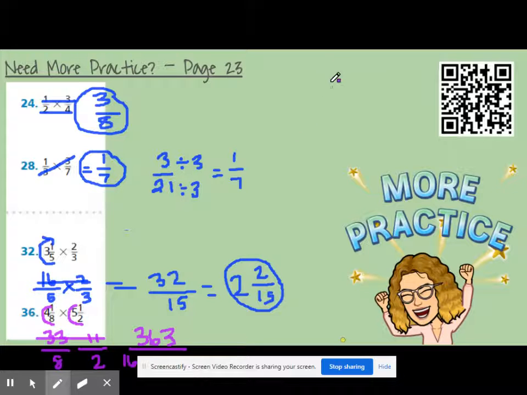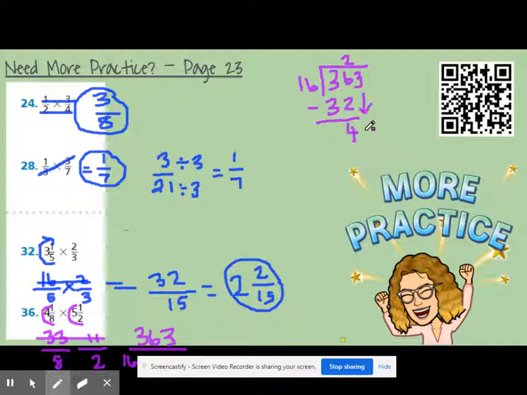I'm going to have to come over here and simplify that because I don't know what that is off the top of my head. Well, 16 goes into 36 twice, which is, I think, 32. Yeah, 32. You're going to subtract. You're going to get a 4.